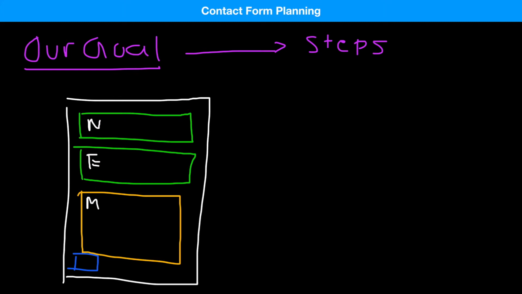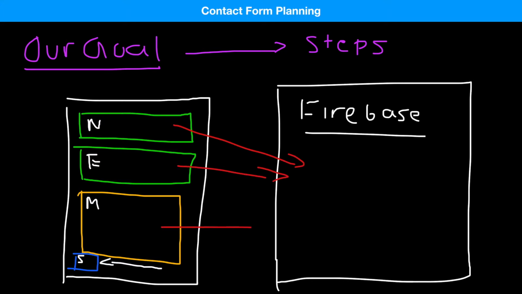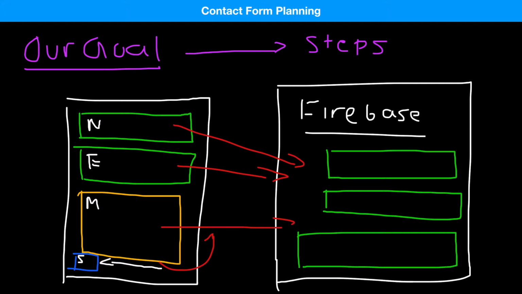So what I want is that when we click this submit button, Firebase receives the inputs of each field. So when this button is clicked, we want all these data fields to be sent to Firebase, so we will have all 3 of our fields' data stored. And we want to create a new document each time this button is clicked.